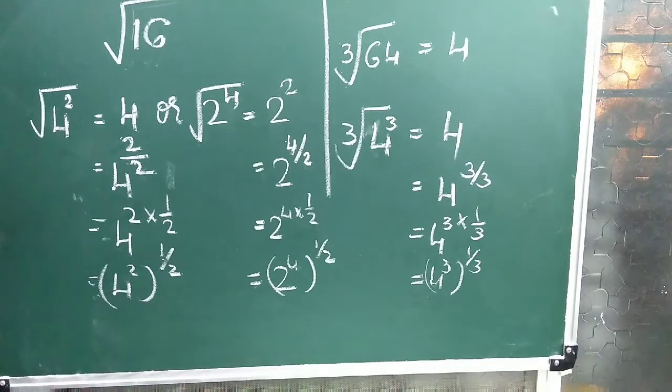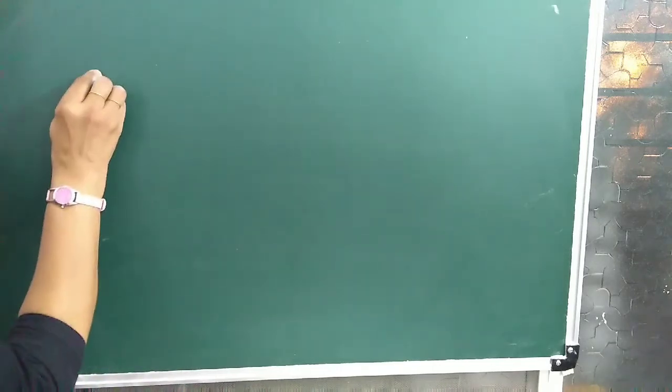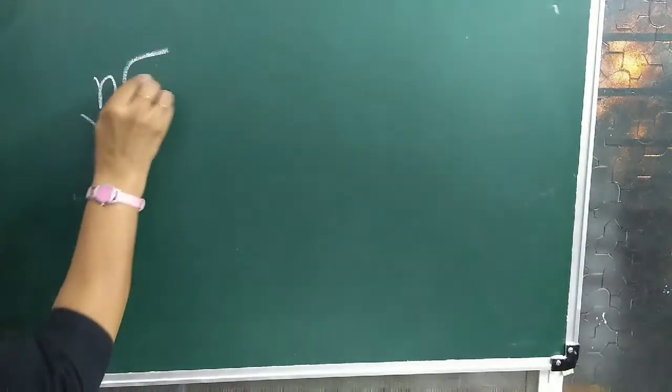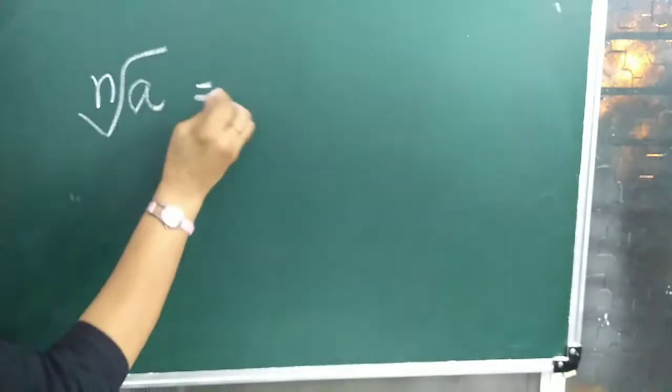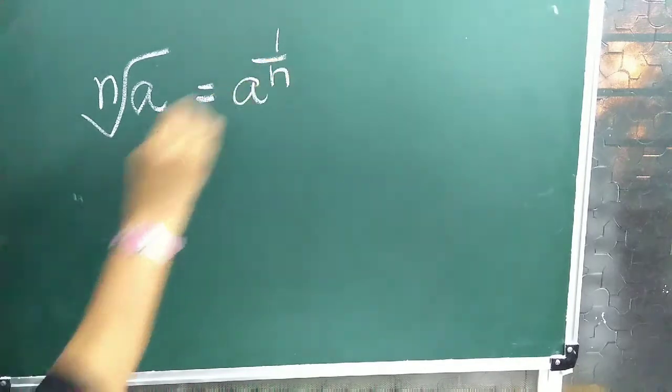So from these examples, we can generalize the formula as the nth root of a is equal to a to the power 1 upon n.